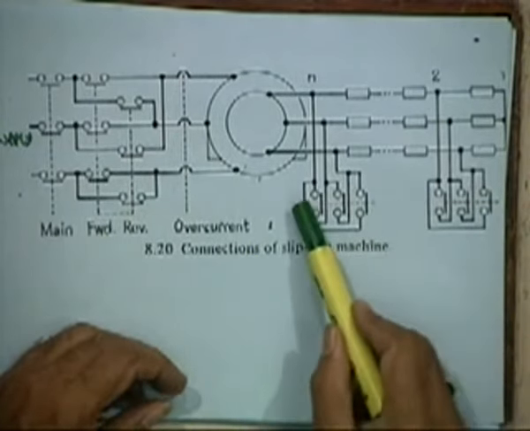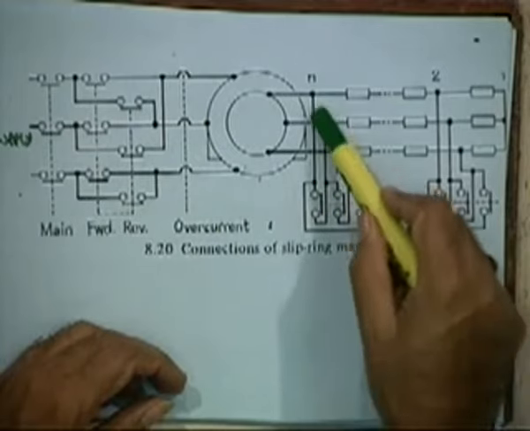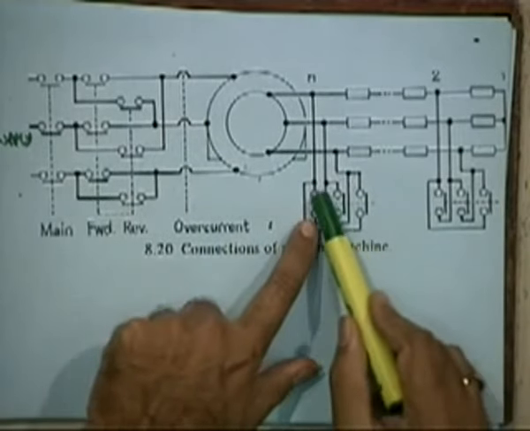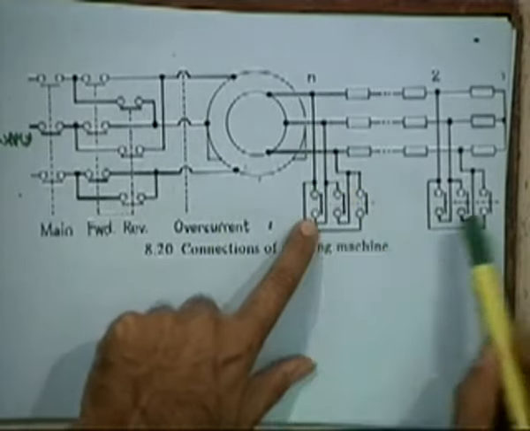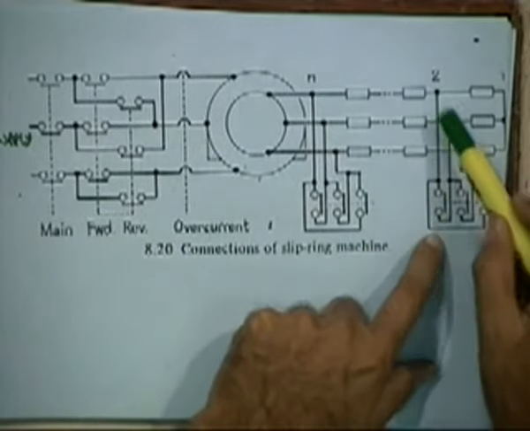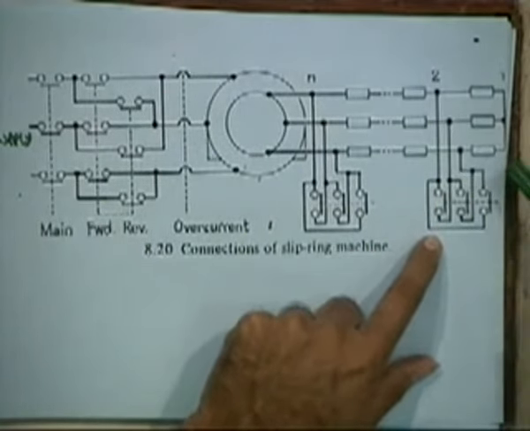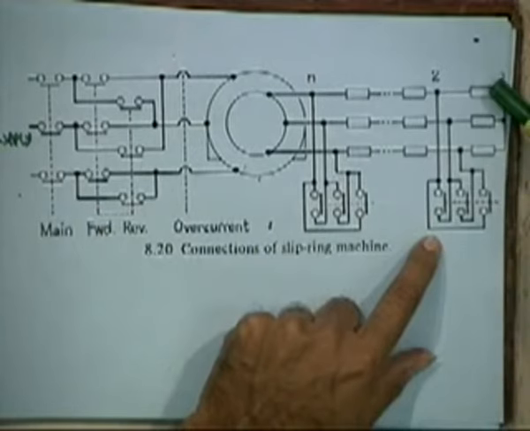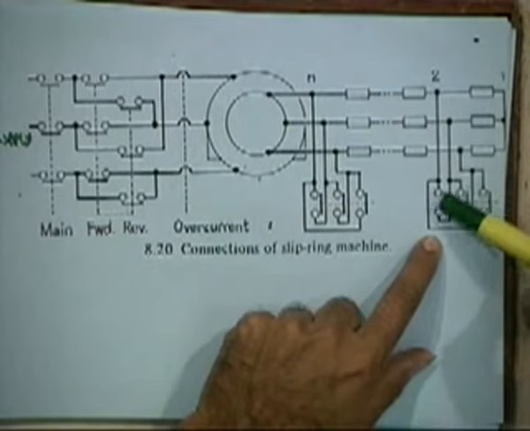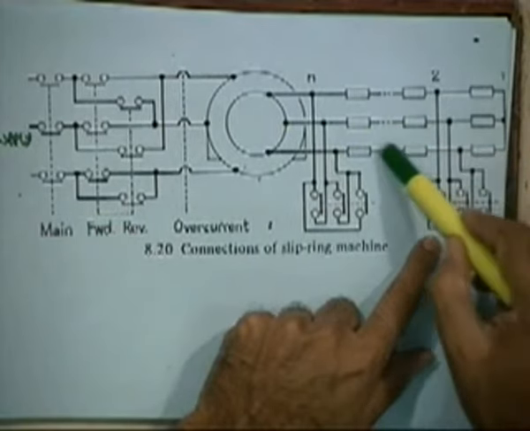If you close this contactor, it is already full speed. If you close this one, you short circuit here; if you close it here, you short circuit the next one. So sequentially you have several of these closed. For example, first, at starting, the total resistance will come. Next you close this, and these two resistances will come.